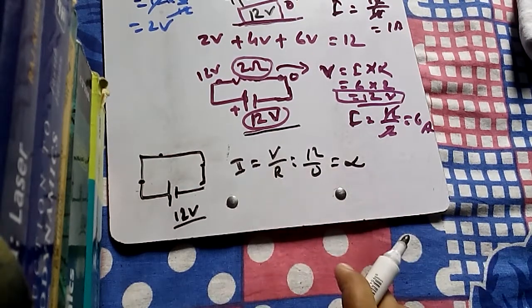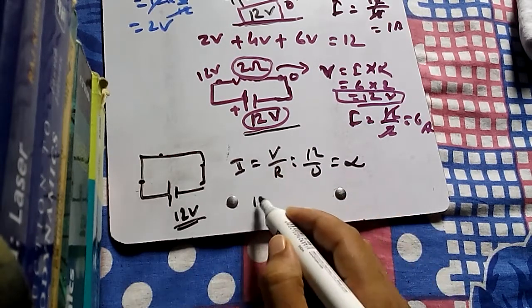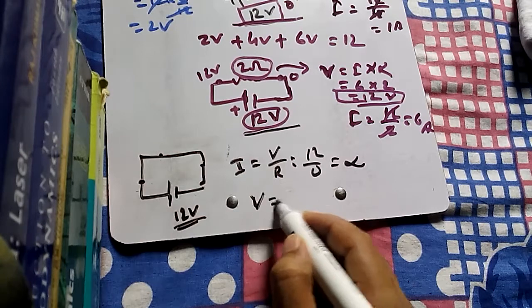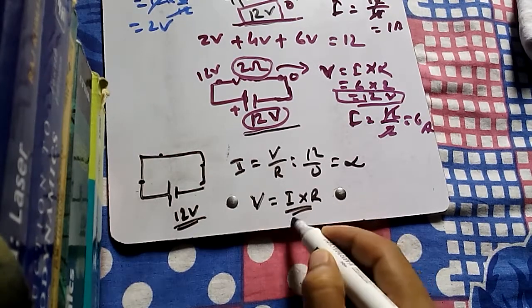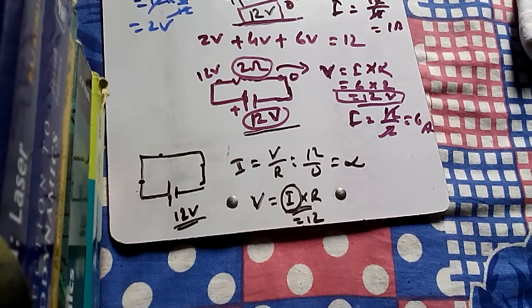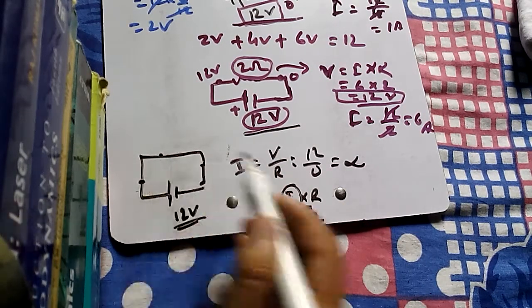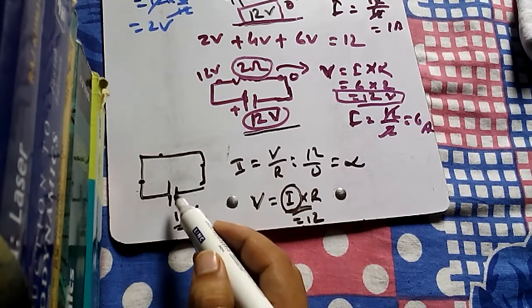So current is undefined, but the 12 volt will completely drop itself. That means the voltage drop I into R is finally equal to 12. But since we don't know the current, this kind of condition is generally not used. Actually it is not practically possible, because there is always a resistance.